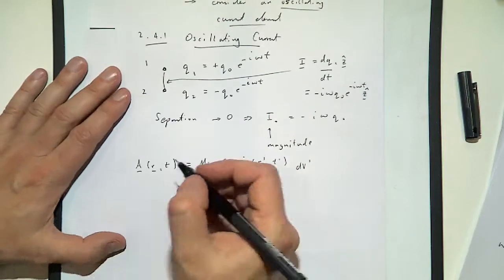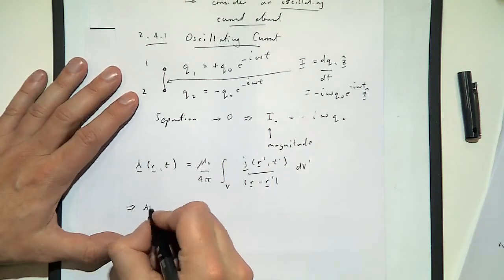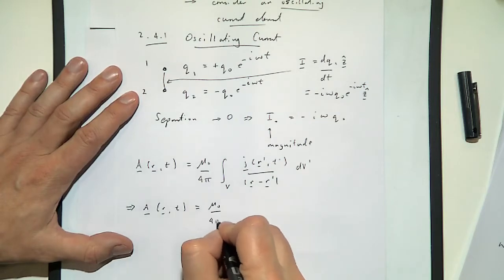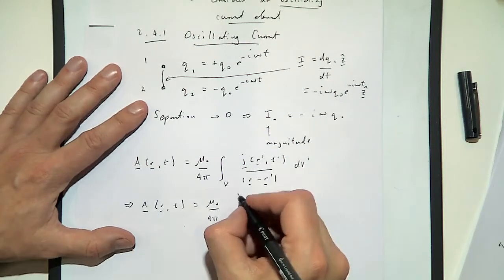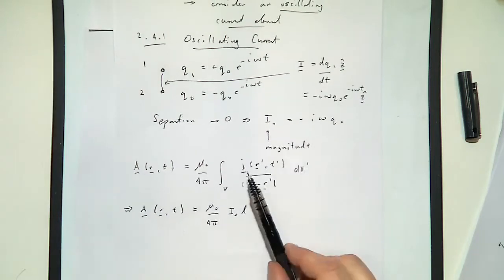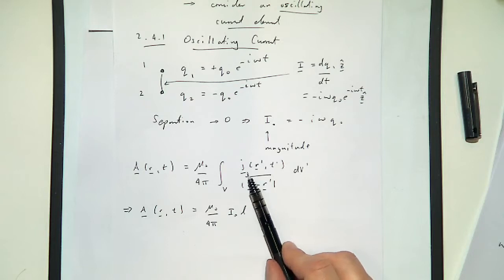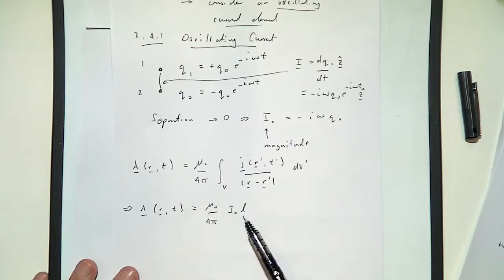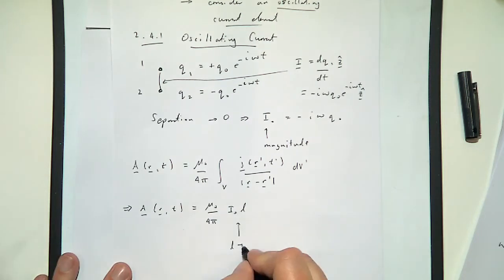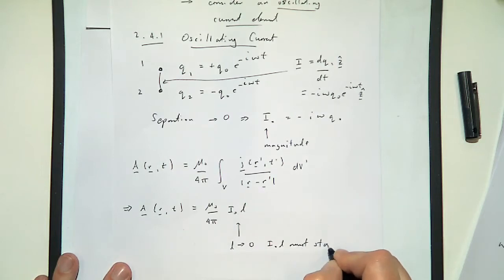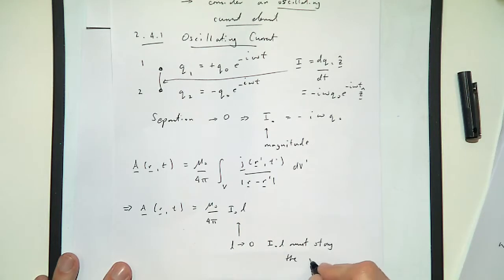But in our particular situation here, we can write it down explicitly. Same prefactor, but that integral reduces to something like I naught L. When I do this integral, I have a certain amount of current over a certain distance. So this integral here starts to look like I naught L, where I naught is the amount of current and L is the distance over which it's acted, but in such a way that as L tends to 0, I naught L must stay the same. Okay, so that's how we're going to understand that term.